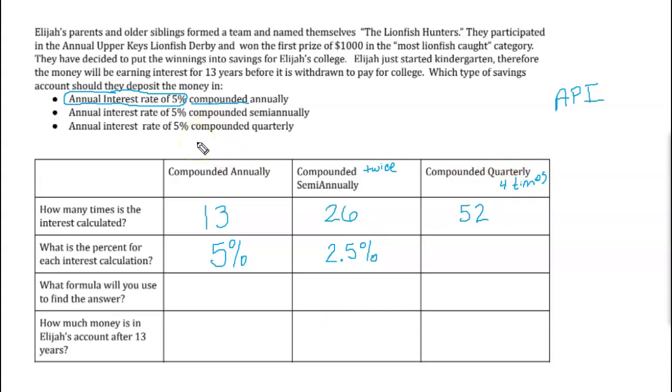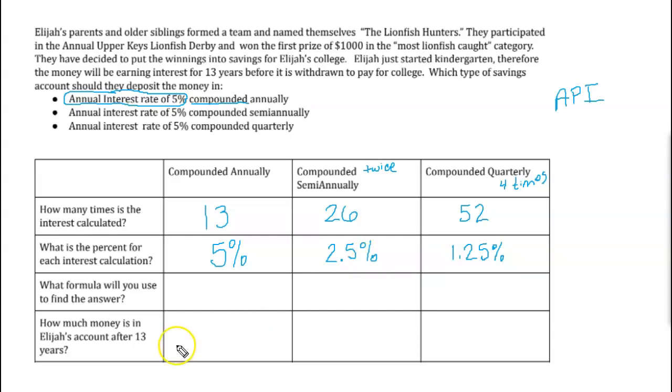So over the whole course of the year, I need to do 5% interest, but each individual time, I'm only going to do a fourth of that. A fourth of 5 is 1.25%. So don't forget, an annual percentage rate is how much interest over the whole year. But if it's compounded more than once a year, I'm not doing 5% each time it's compounded. I'm doing 5% for the whole year.